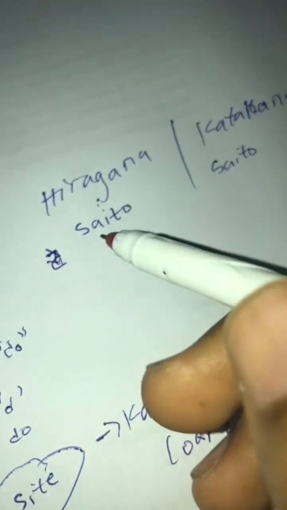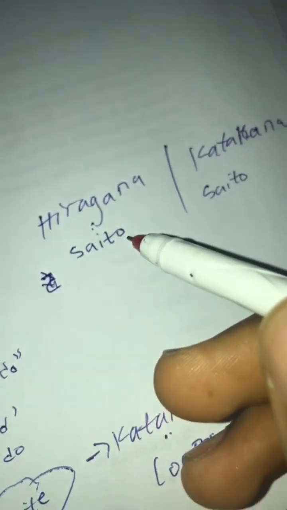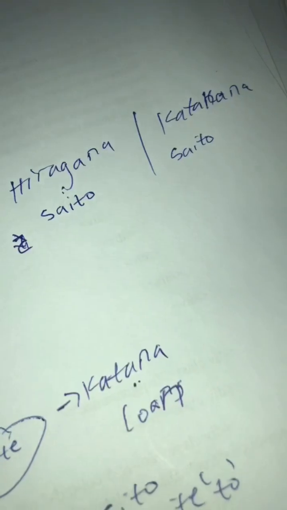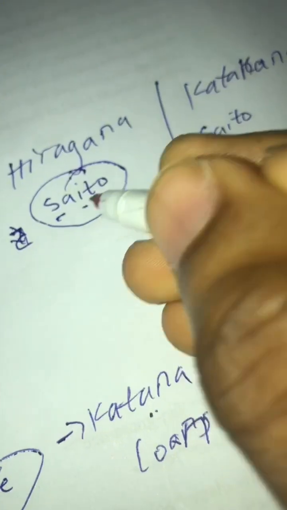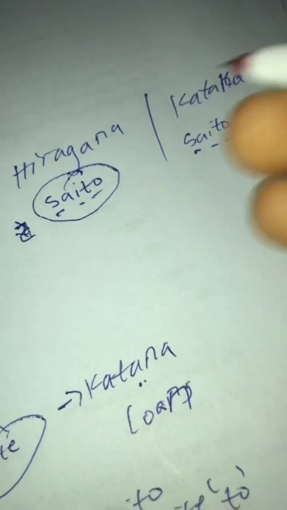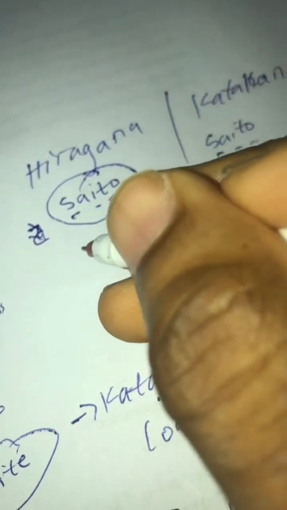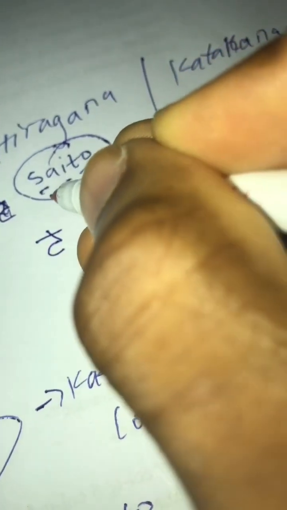So if you were to spell this "saito" in hiragana, like I said, you are going to follow this form: sa, i, to. Same for katakana, "saito." Using the hiragana spelling, this is the character for "sa."